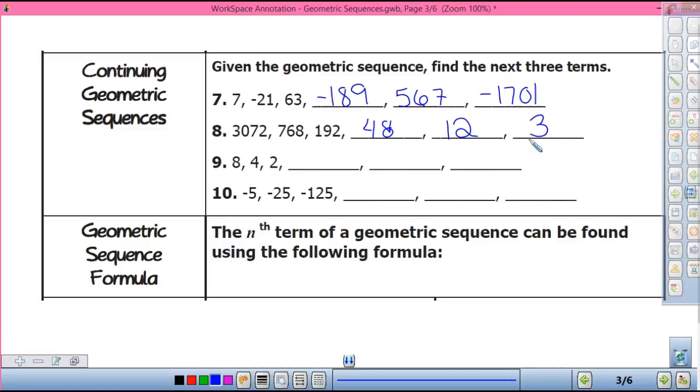How's the next one? Multiplying by what? 1/2. Alright. So 2 times 1/2? 1. 1 times 1/2? 1/2 times 1/2? Good. No, I want that one in fractions.